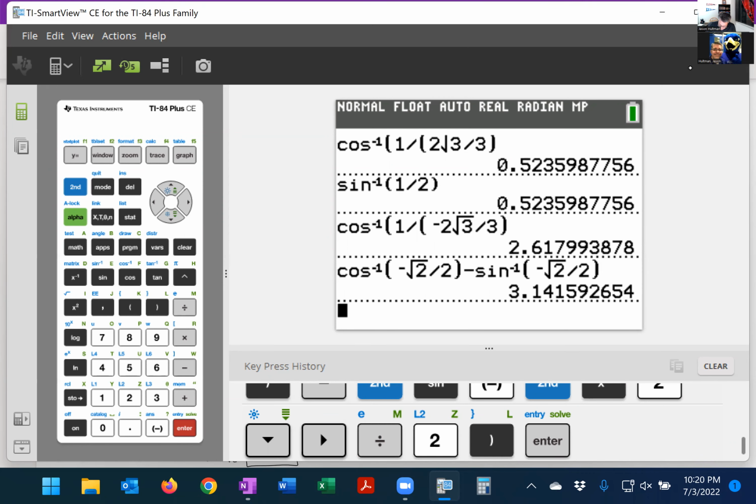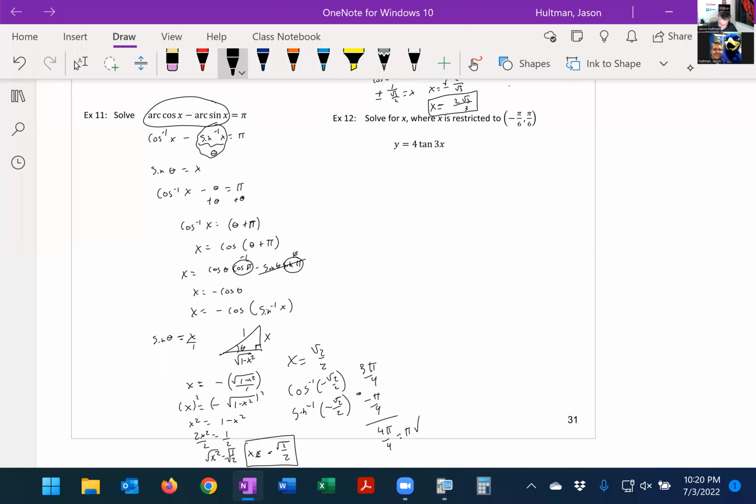Okay, let's go over the last example for this section. Solve for x, where x is restricted to negative pi over 6 and pi over 6. So we know that x is restricted to basically 30 degrees and negative 30 degrees.